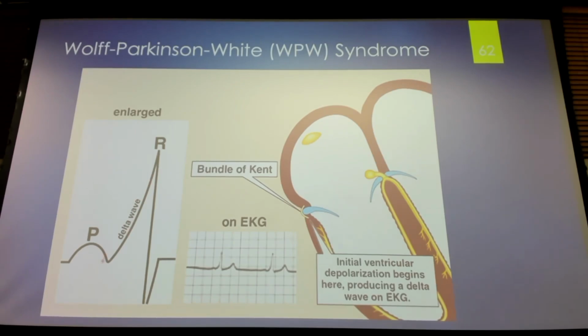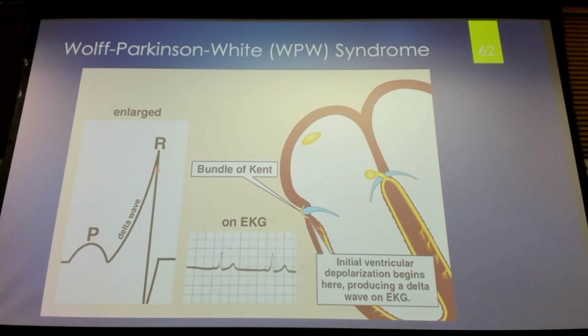And our QRS complex is going to look a little bit different. Instead of our wave going directly up and straight down, it looks a little bit concave. Sometimes it'll look convex, but a lot of times it looks concave, but sometimes it even looks a little squiggly going up because of the abnormal depolarization of the ventricles.